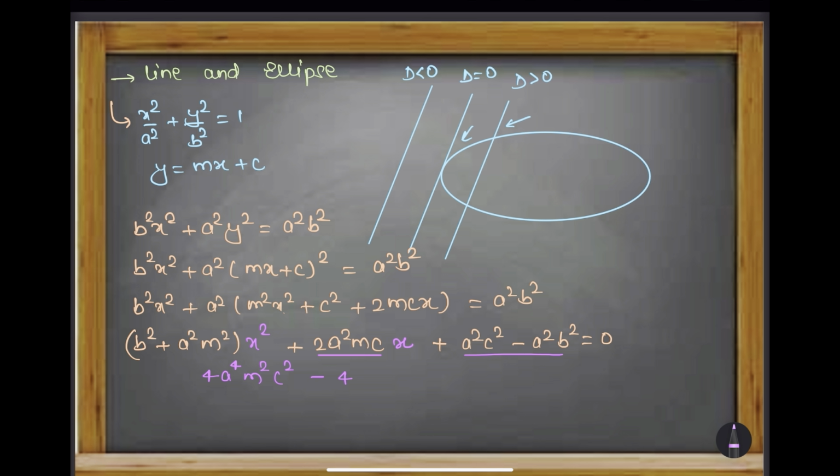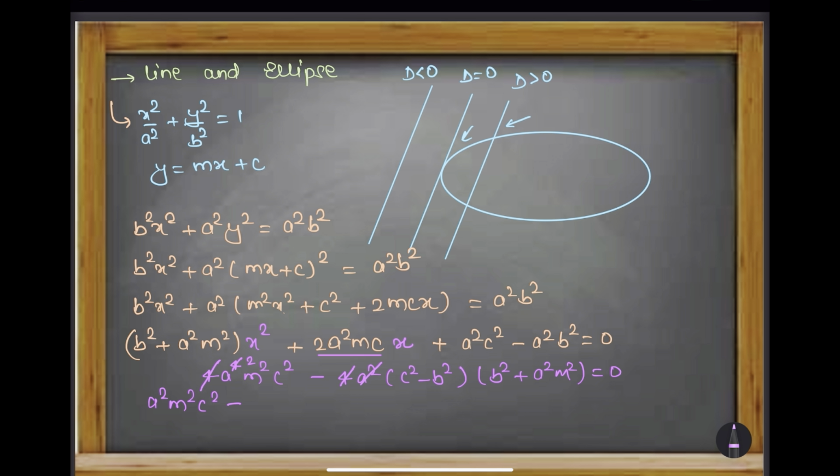Here you can take a square common: a square c square minus b square, and then b square plus a square m square, equals 0. Can I divide both sides by 4? Can I divide both sides by a square? So we got a square m square c square, correct?